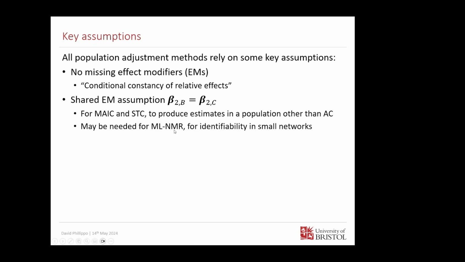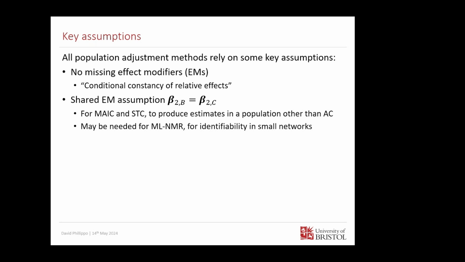So effectively, the interaction parameters are the same thing. So this is just a simplifying assumption for our model. If we make this assumption, then using MAIC and STC, you can actually break your estimates out of that aggregate population, and they'll be valid for any target population. They'll be constant effectively over all populations.